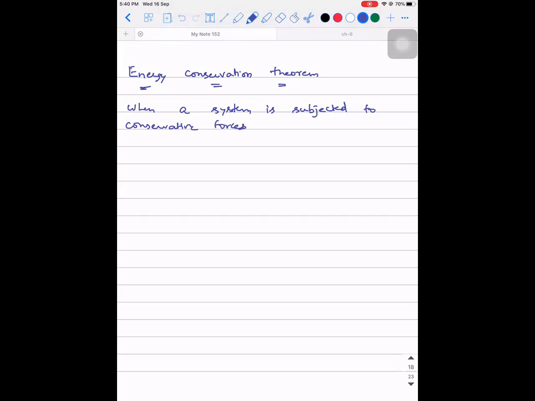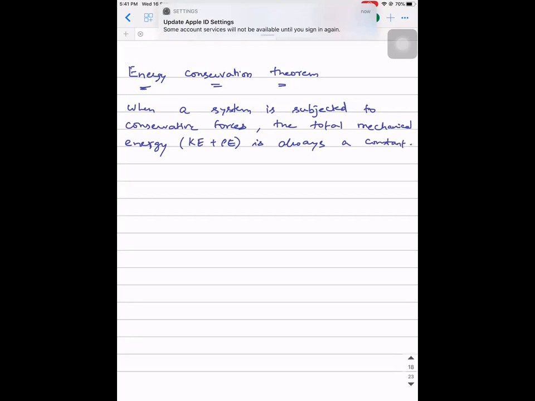When a system is subjected to conservative forces, the total mechanical energy, that is in the bracket, I'm going to write it as kinetic energy plus potential energy, is always a constant.